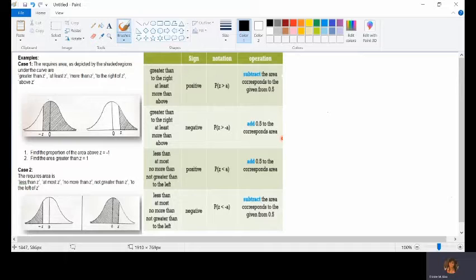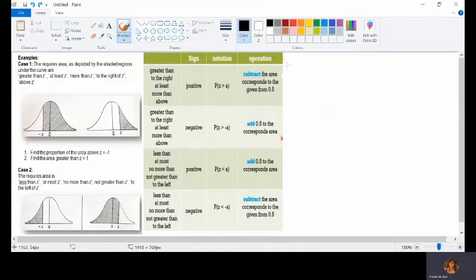Find the area greater than Z equal to 1. If we look into this chart, it says greater than, and the value of our Z is positive, which means we're going to subtract the area corresponding to the given from 0.5. So this will be our operation.